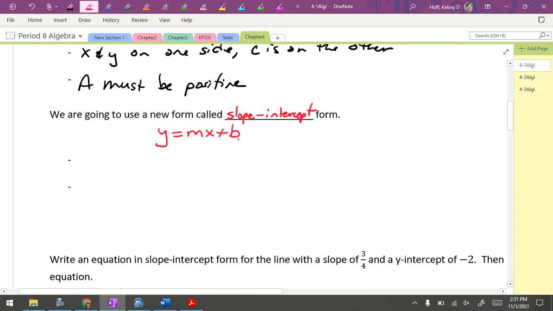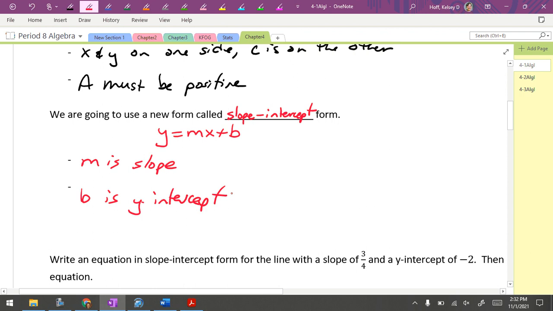In order to be in slope-intercept form, y needs to be by itself and have a positive 1 coefficient. Then the 2 important pieces that we need to know is m is your slope, b is the y-intercept. As long as y is by itself, you can just look at it. M is the coefficient of x, that's your slope. B is your constant, the number without a variable is your y-intercept.